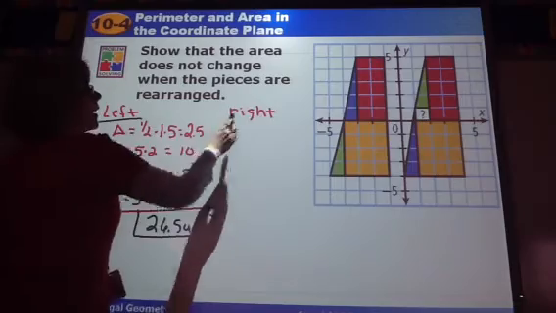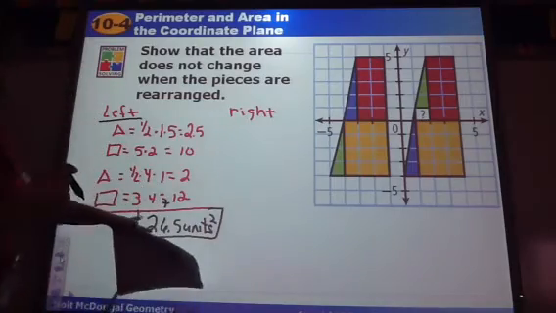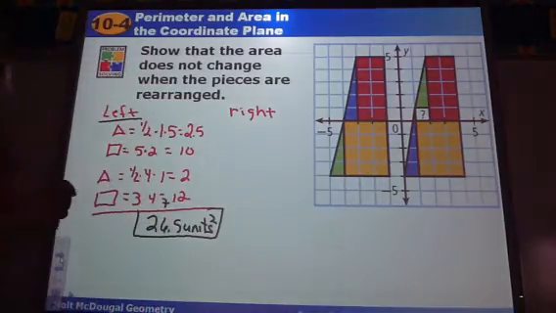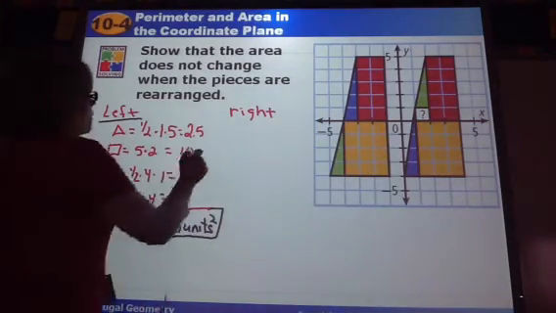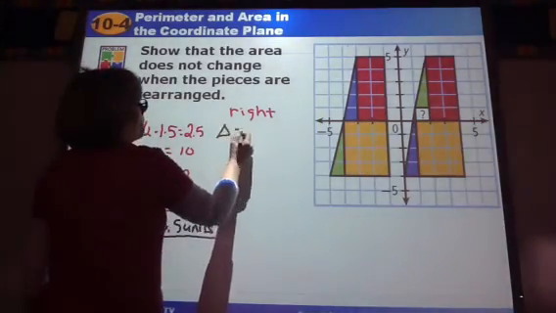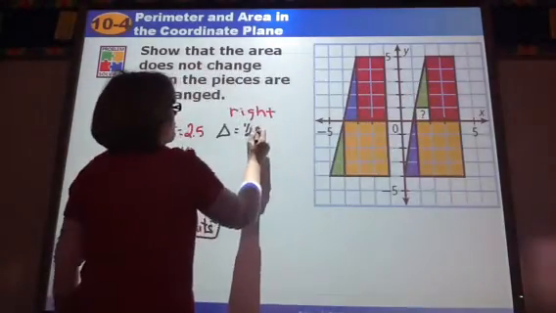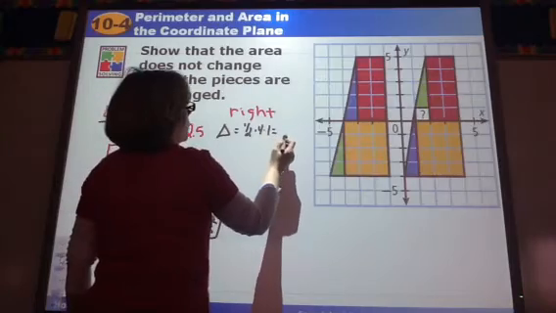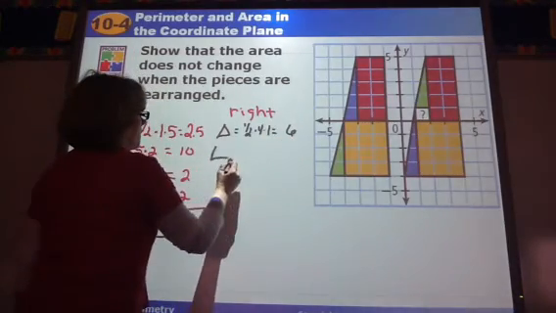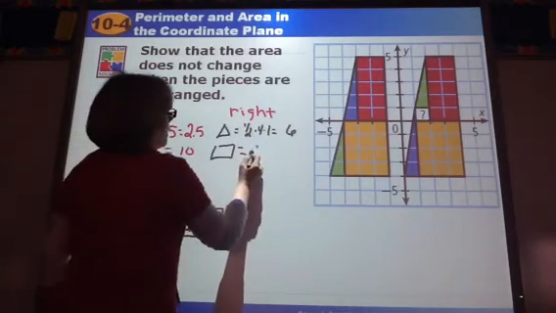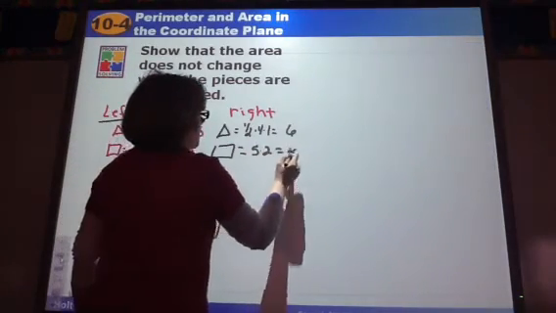So now let's look at the right side, see if we come up with 26.5, even though we've moved some of these polygons around. Okay, so for the smaller green triangle, we have 1/2 times 4 times 1, which is 6. For the rectangle, we have 5 times 2, which is 10.